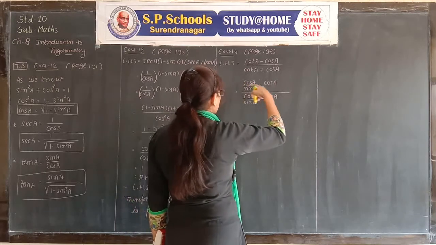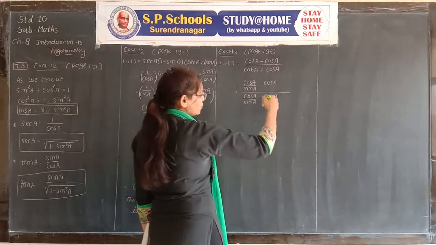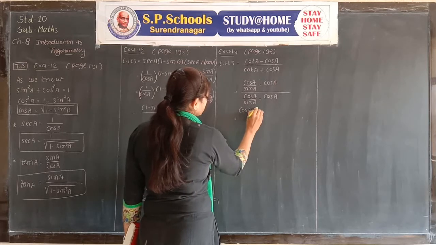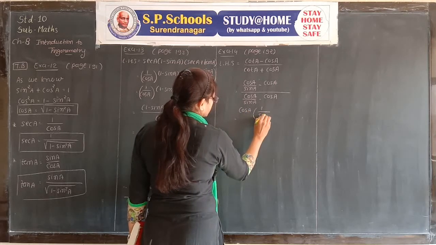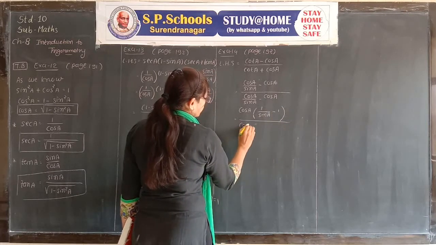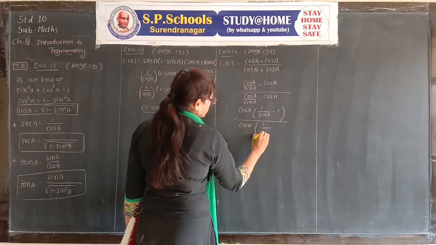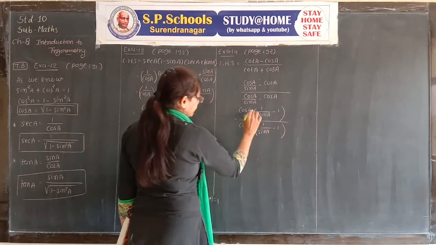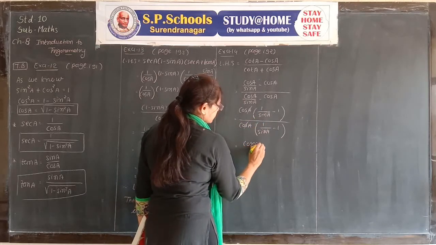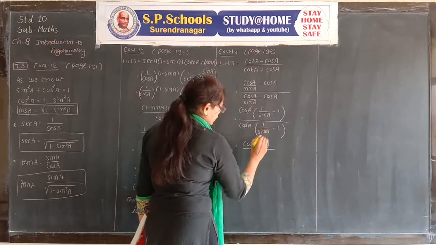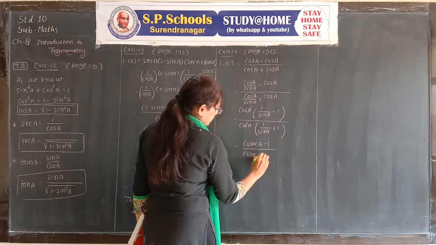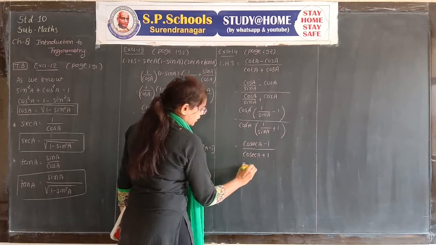Now see, in the numerator cos A is common, in the denominator cos A is common, so cos A is common into bracket 1 upon sine A minus 1, upon cos A common into bracket 1 upon sine A plus 1. Now cos cuts, and 1 upon sine A is cosec A minus 1 upon cosec A plus 1, which is our right hand side.